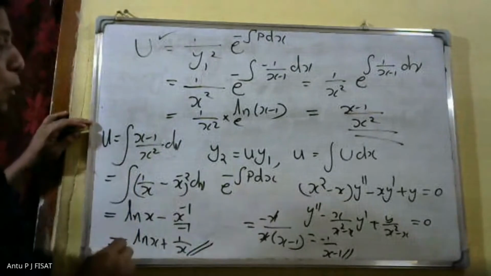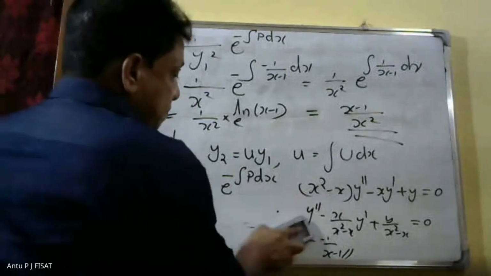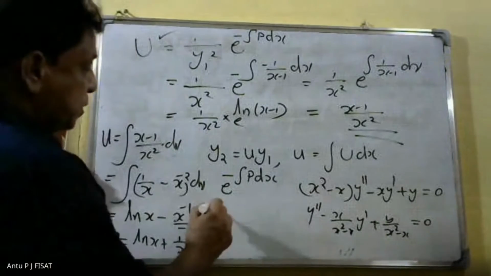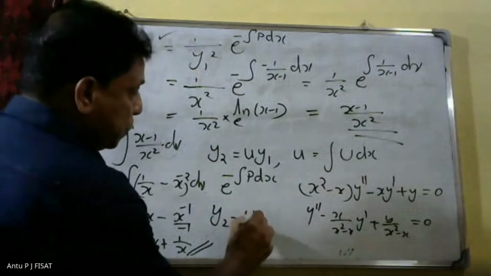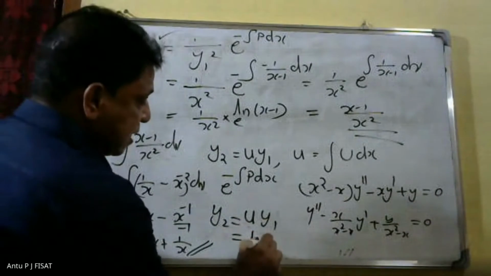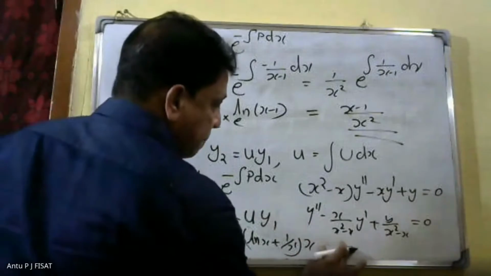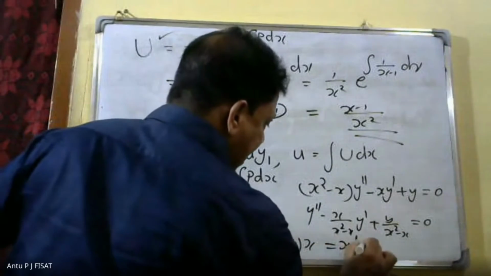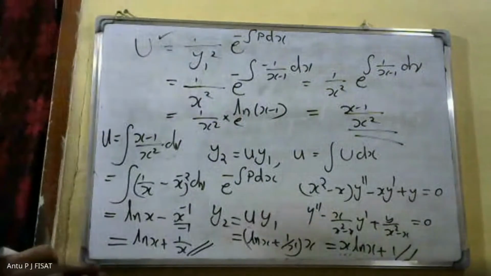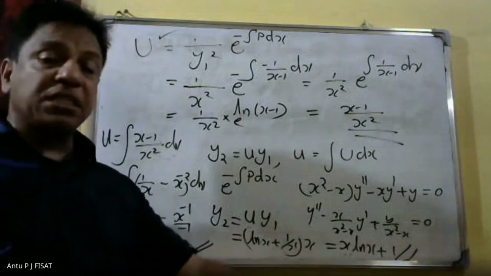This is small u. Then to find y2, we use the formula y2 = u into y1, that is (ln x + 1/x) into y1. Y1 is equal to x. Multiplying, we get x ln x + 1. Therefore, we get the second solution y2 equal to x ln x + 1.